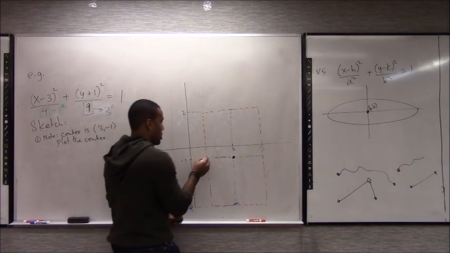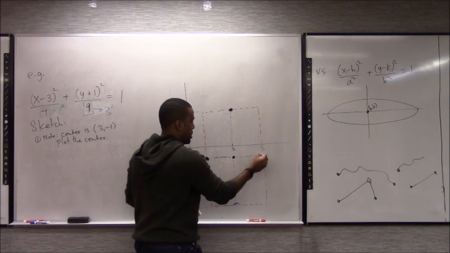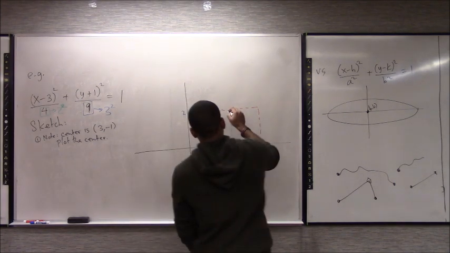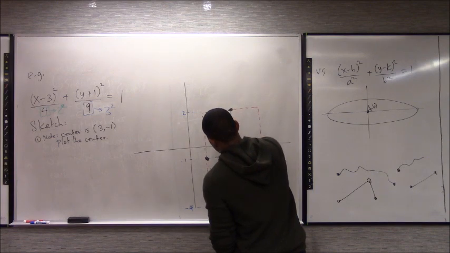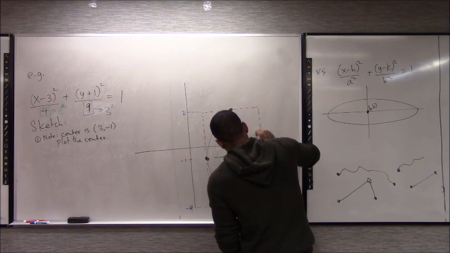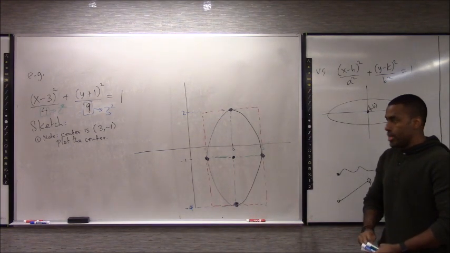So your ellipse will pass through this point, that point, that point, and that point. And then you just sketch it. That's the ellipse. Right? Create that box.